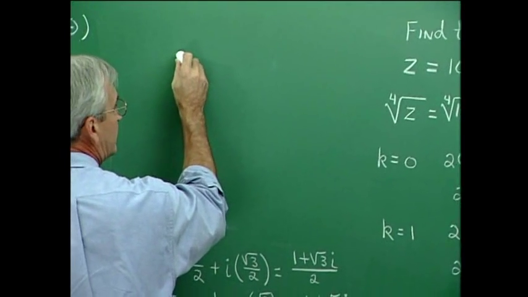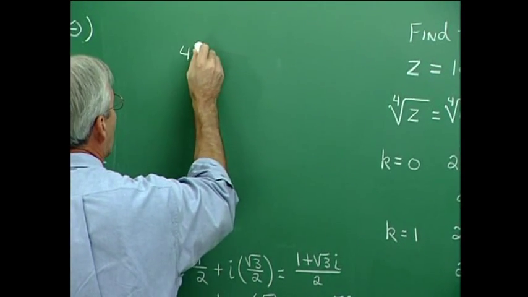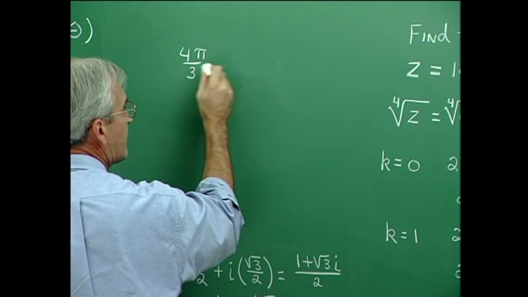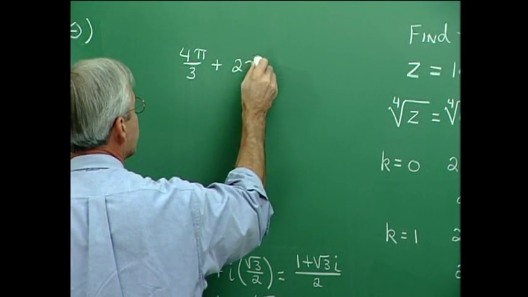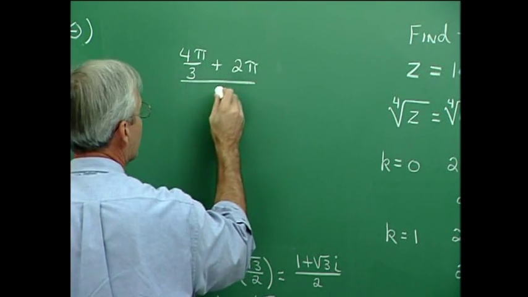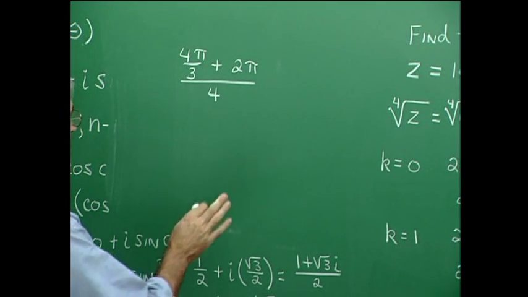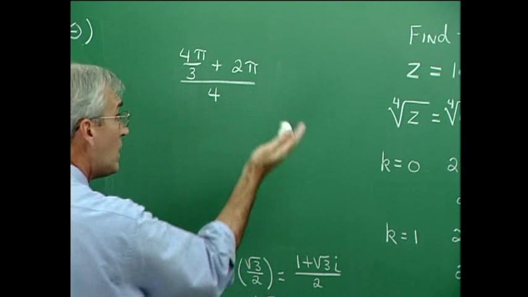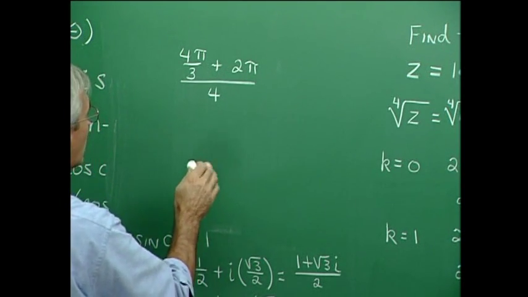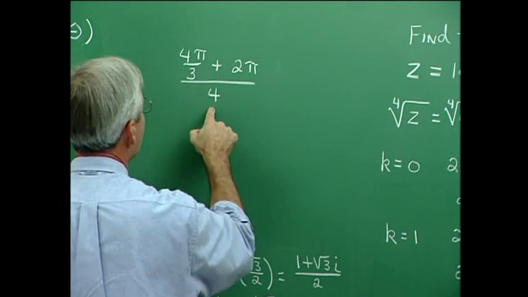I'm just using the fraction part now. It's 4 pi over 3 plus 2 pi all over 4. And really there are a couple of ways of dealing with this complex fraction. One technique that might work pretty well is to multiply here by 3 over 3.